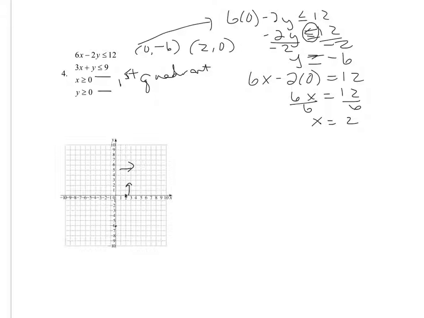So if I sketch this line, I have to figure out which way I'm going to need to shade. Again, 0, 0 is not on this line, makes a great test point. So if I put in 0 minus 0 is less than or equal to 12, 0 is less than or equal to 12, that tells me I need to shade this way.